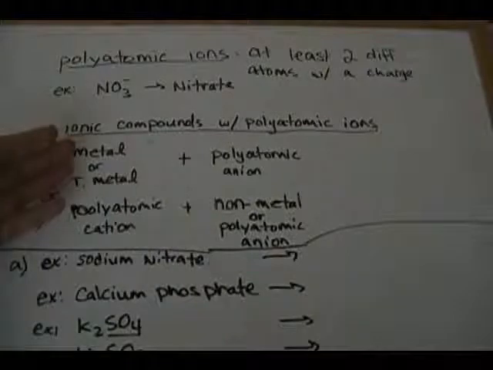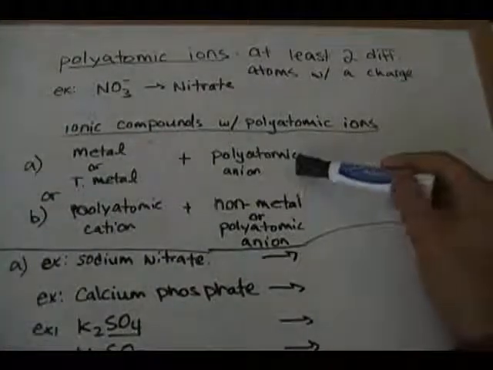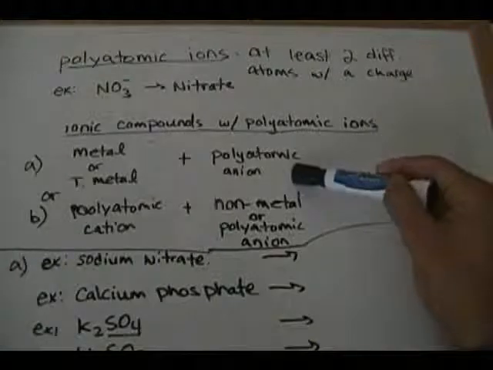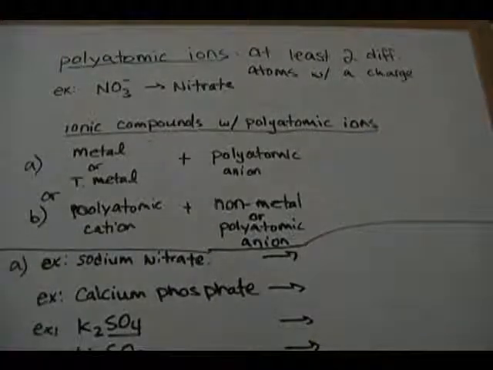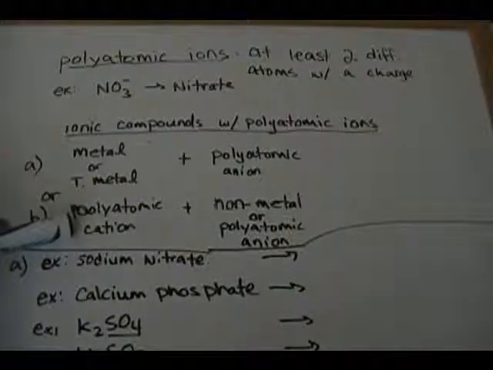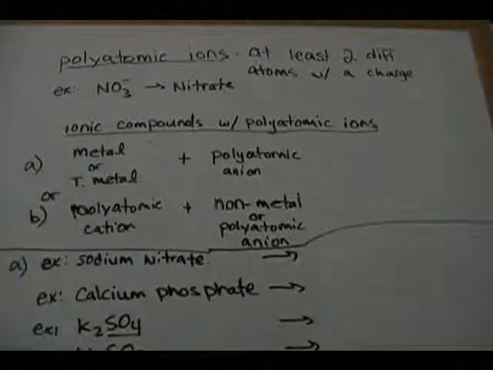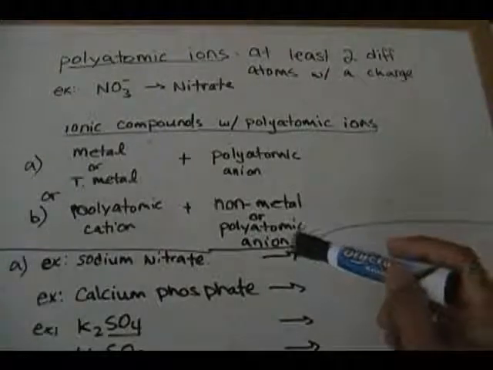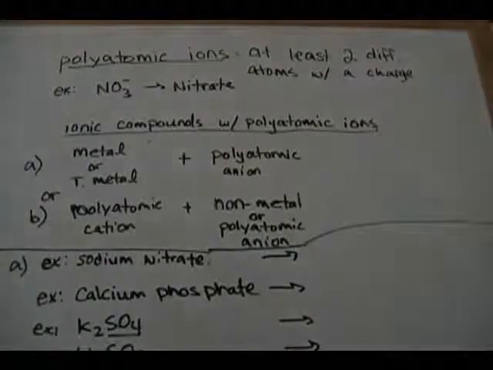So here we have a metal, which is usually going to be the positively charged thing, and then here we have the polyatomic anion, which is a negatively charged thing. You combine the two together, you get an ionic compound. In this case, we have a polyatomic cation, which is a positively charged thing. Then we have the non-metal or polyatomic anion. These guys are going to be a negatively charged thing. Combine the two together, you get an ionic compound. Extremely important to realize that, okay?